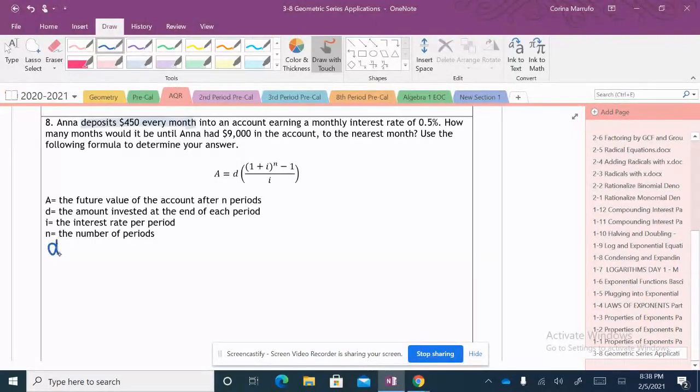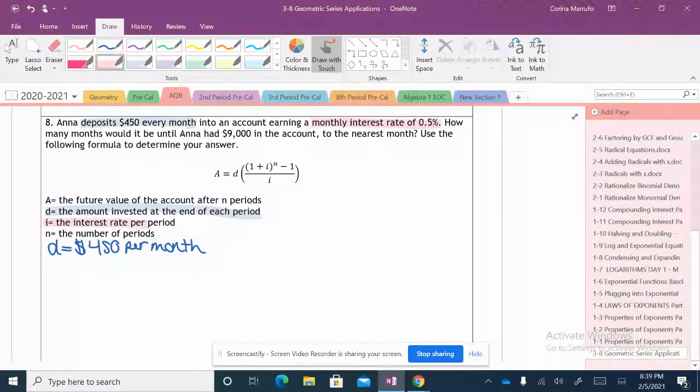Okay, so the letter D stands for the deposits, so it's $450 per month. And I'm going to write here the months just so I make sure everything matches up. Okay, that's a deposit. And then it says into an account earning a monthly interest rate. So see how our interest rate is also monthly? So we have no conversions to do there.